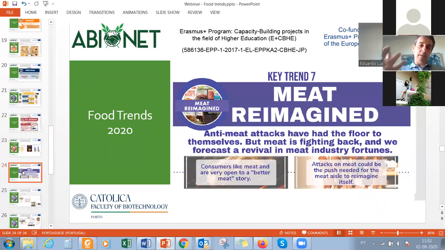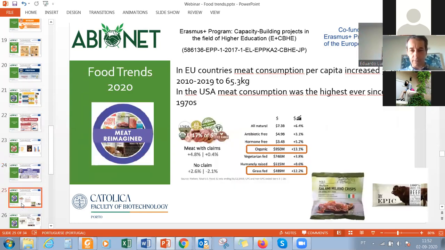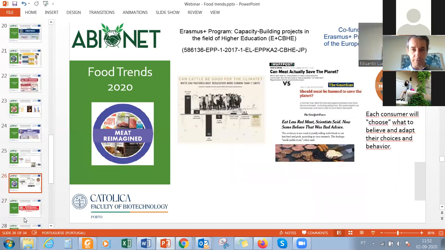So a new idea for meat. There will be a need to sell meat in another way. I don't know if they have more information on this here, but yes, meat can actually save the planet, or meat is a problem for the planet.